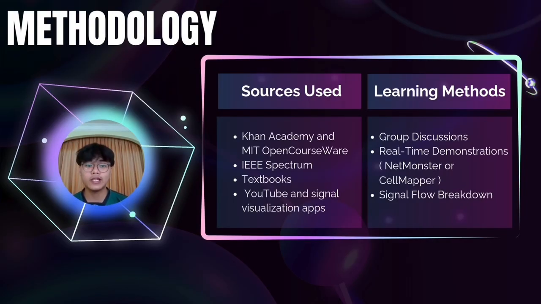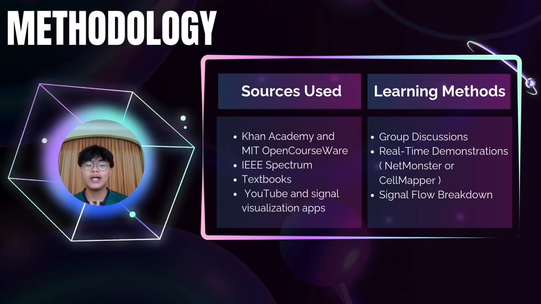In this independent study, we combine structured resources with hands-on exploration to understand how mobile signals work, from the router to the antenna, and finally to the phone. So here are some resources that we used. For example, Khan Academy and MIT OpenCourseWare provide a solid foundation in physics and signal transmission concepts.